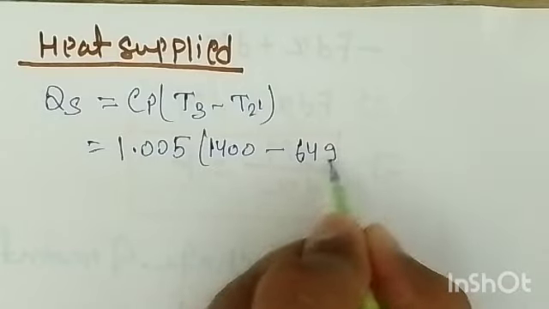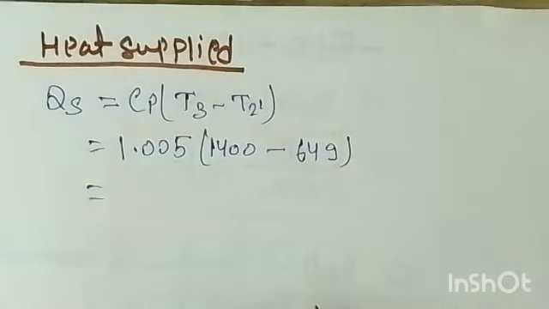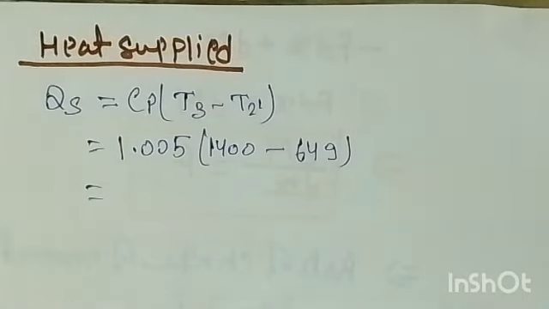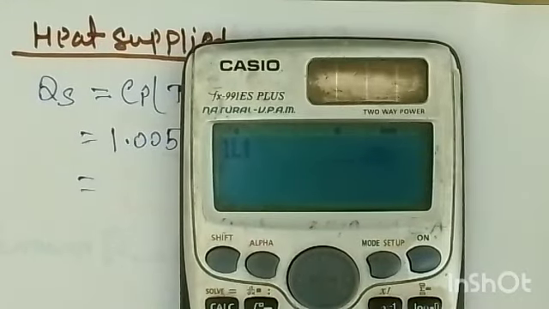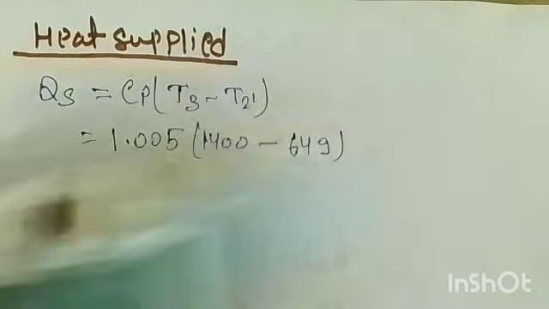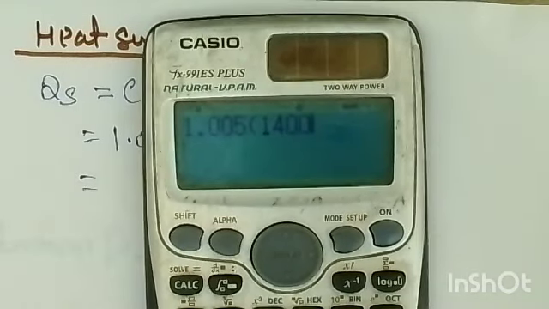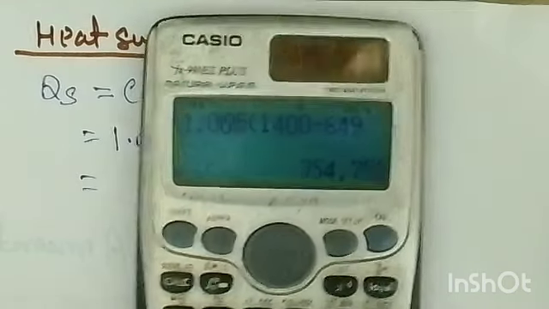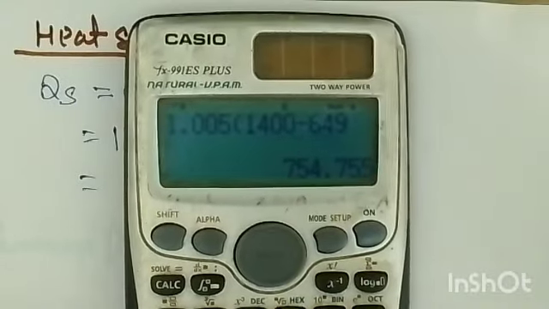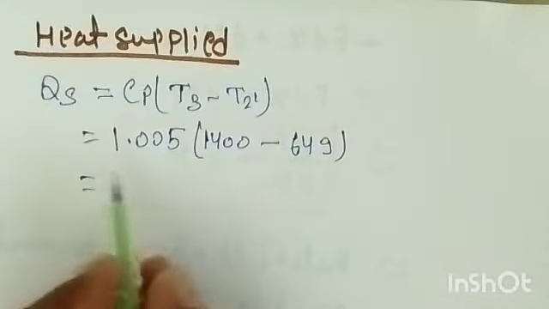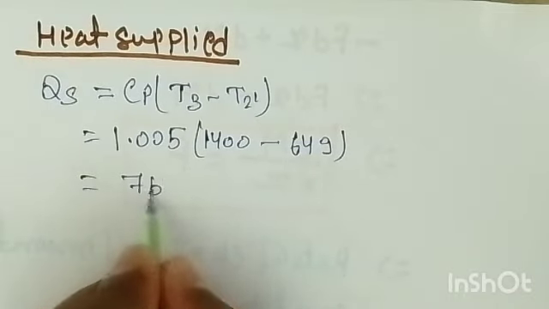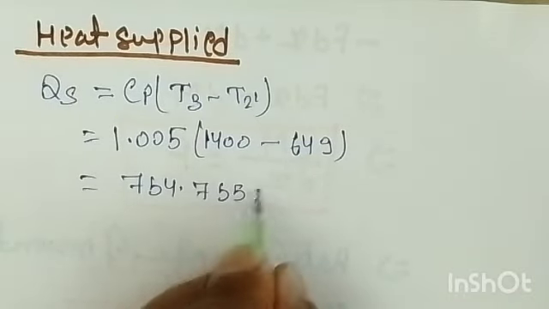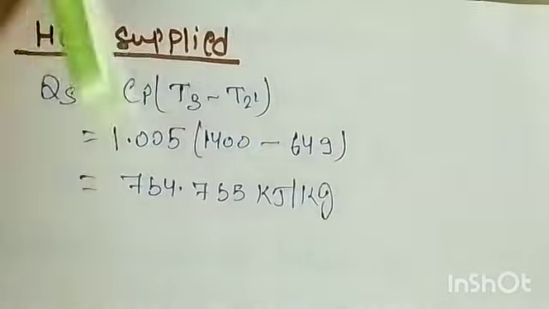On calculation, 1.005 into 1400 minus 649, the heat supplied is 754.755 kilojoule per kg. This much heat you are supplying.